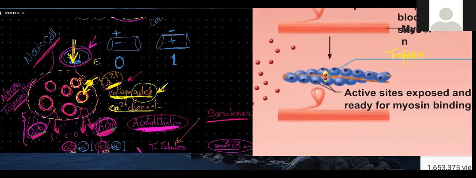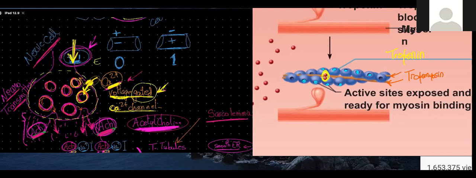And as it binds, the troponin changes its shape, pulling away another regulatory protein. This is my tropomyosin. As tropomyosin moves from its place, this allows you to expose the binding sites on the actin subunits. Those are the binding sites on the actin subunits.